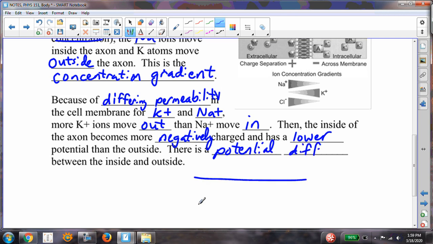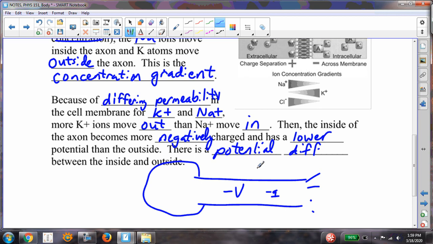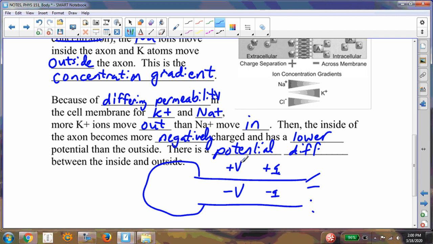So here's the cell body, I have a negative potential on the inside because I have an overall negative charge, and I have a net positive charge on the outside because of this shifting between the different ions, and so I'm going to have a positive potential on the outside. Negative charge, negative potential. Positive charge, positive potential.